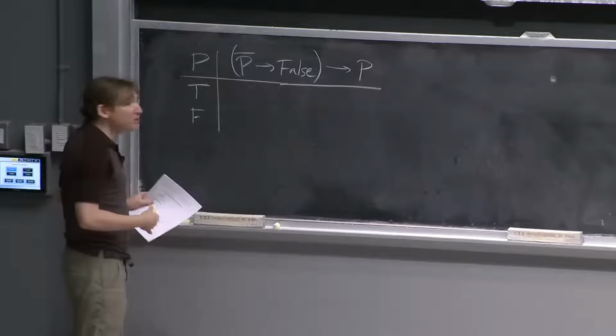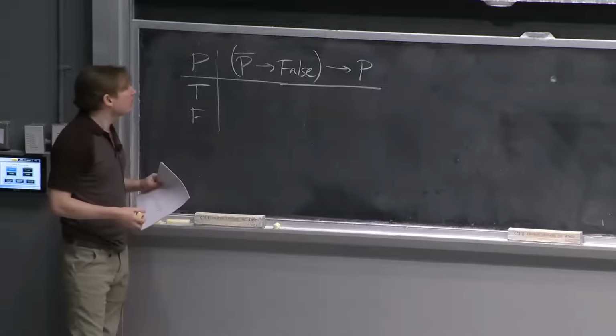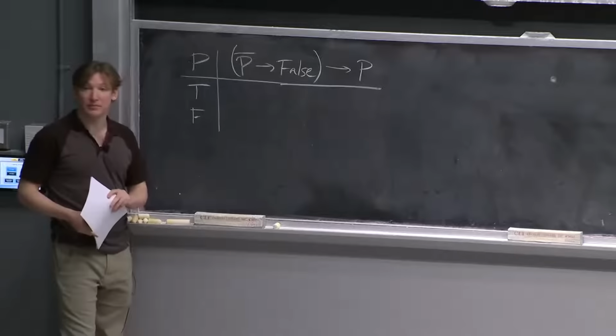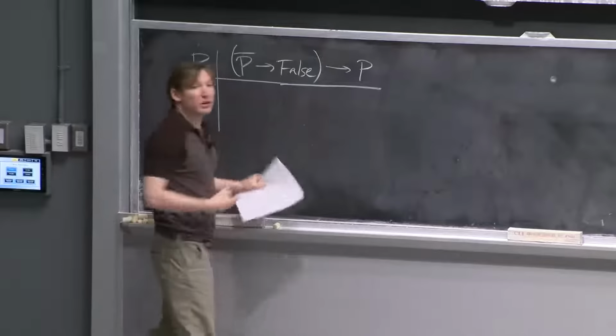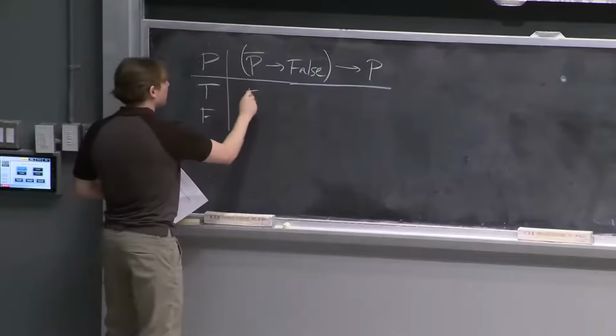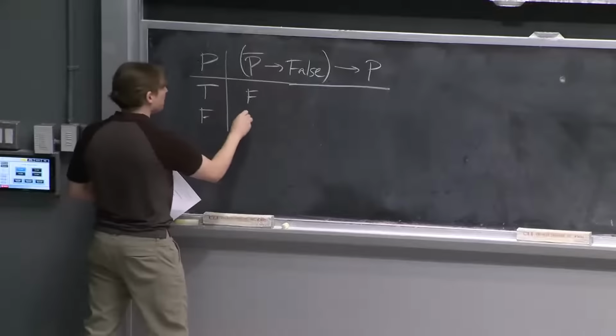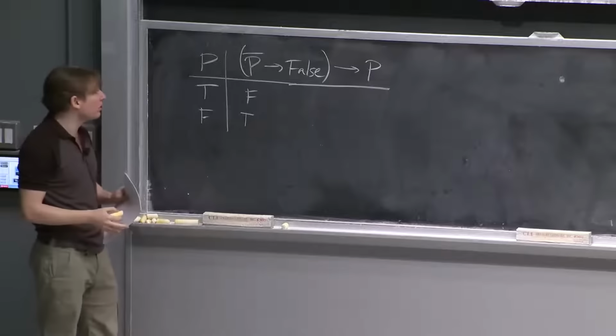OK? Well, a useful way to fill out these truth tables is to go sort of one step at a time. And I like to do that by drawing directly under the symbol I'm working with. So like not P, when P is true, not P is false. And when P is false, not P is true. And I put that right under the P bar, so I know I'm talking about the P bar.